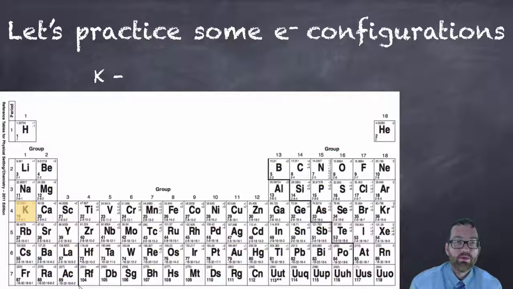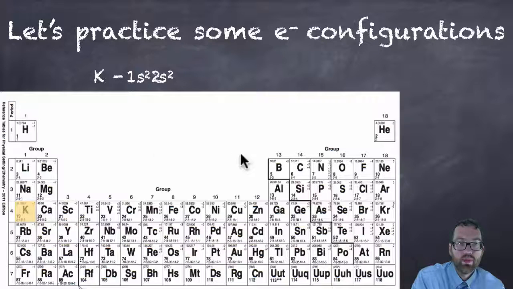Okay, let's take it further to potassium. So we start at the beginning always. So 1s2. Now we're down here. 2s2. Okay, now we're over in the p block. 2p6. Now we're back to the third principal energy level, also in the s block though, so 3s2 will bring us to magnesium.